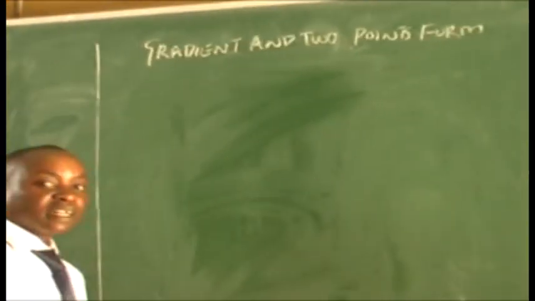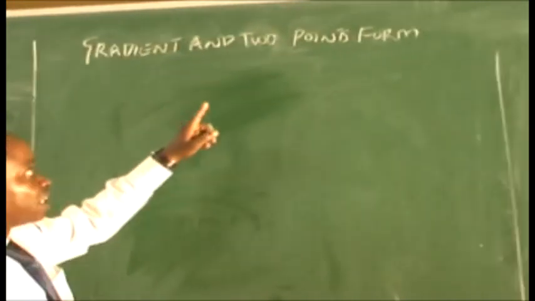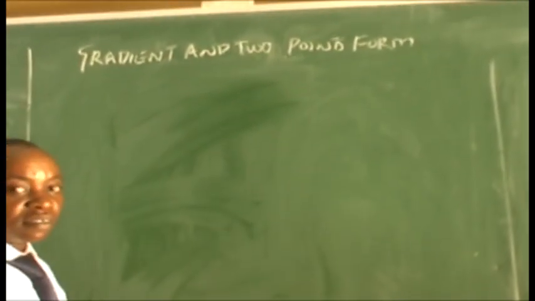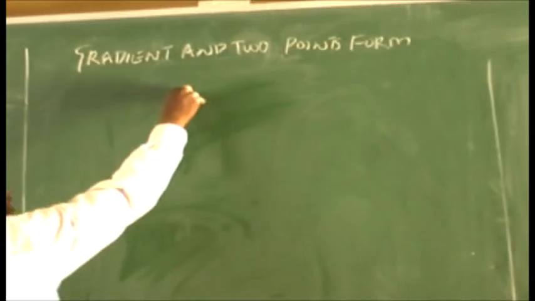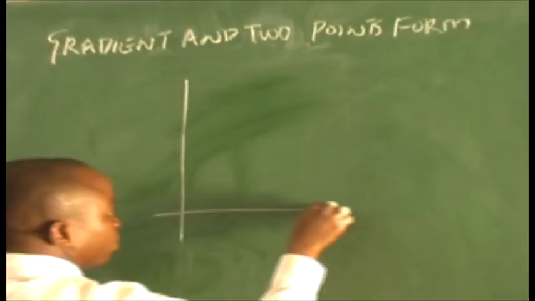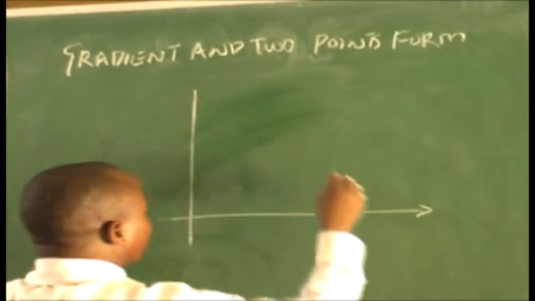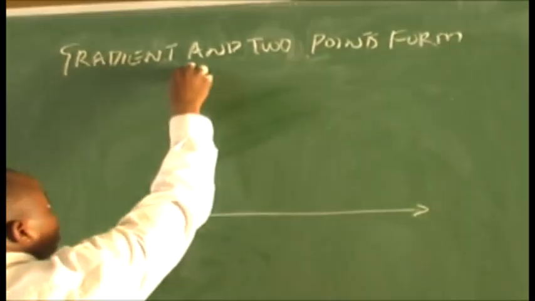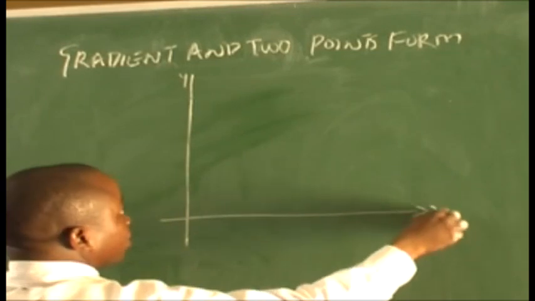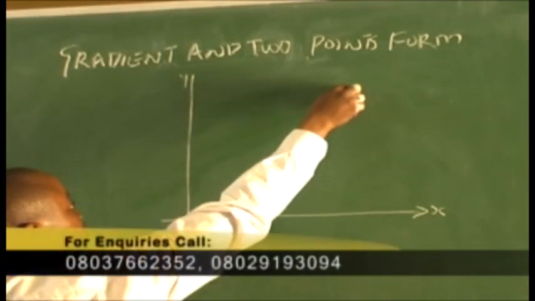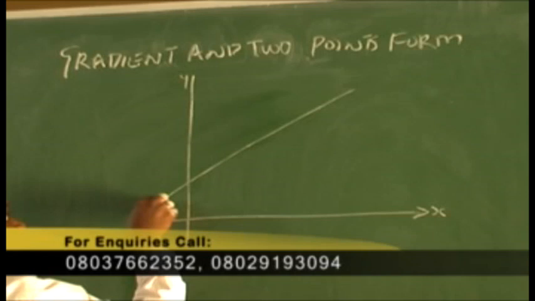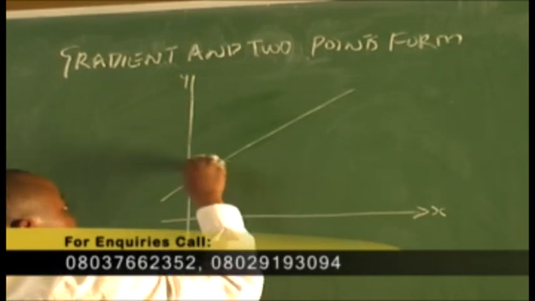So we are looking at gradient and two points form. Now consider this plane also, where we have y-axis and x, and we have a line like this, where we have a point.